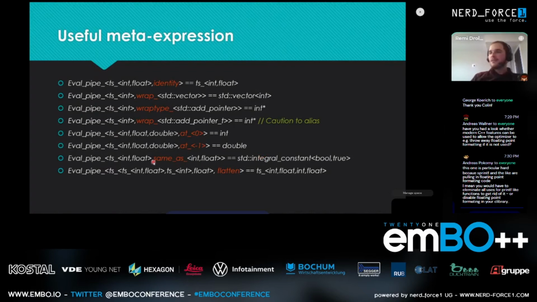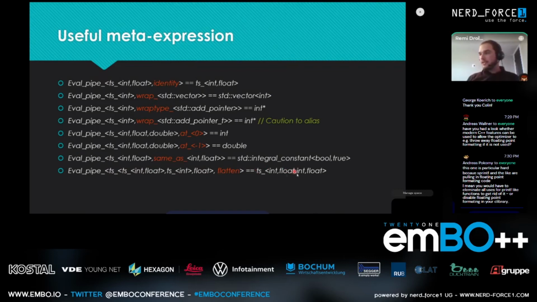Finally, flatten. Flatten is a little bit more, not much complex, but it's basically like you have a TS that will output TS int float, TS int, and then float. So from here to here, it's inside this TS. And flatten will just take the types that are inside the TS and flatten it.